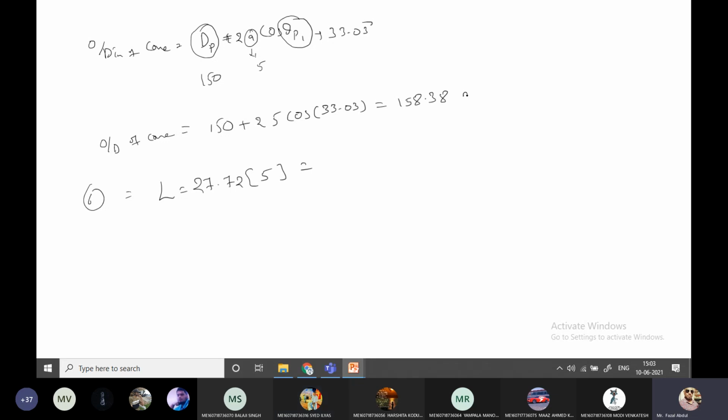And now the slant height, 138.6. L value? Yes sir, 138.6. The outside diameter of the cone, repeat again? 158.38. Okay.